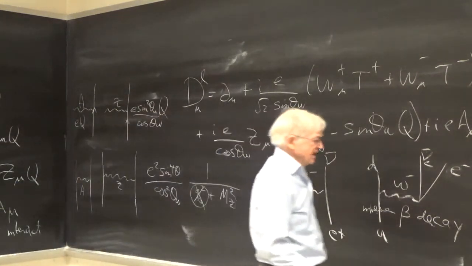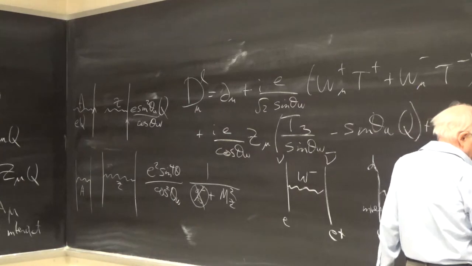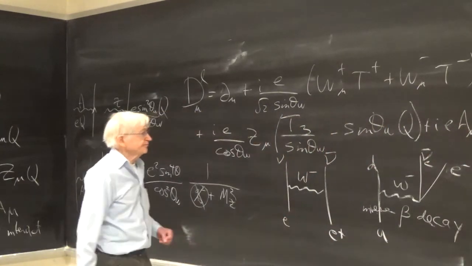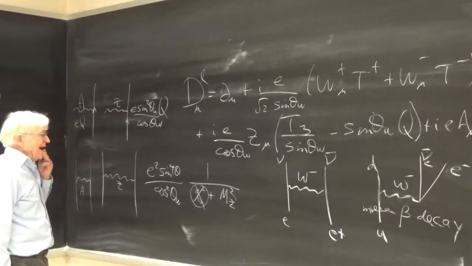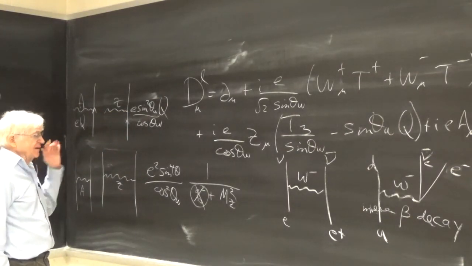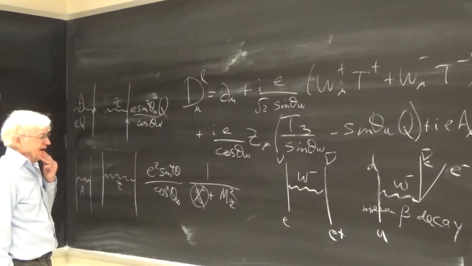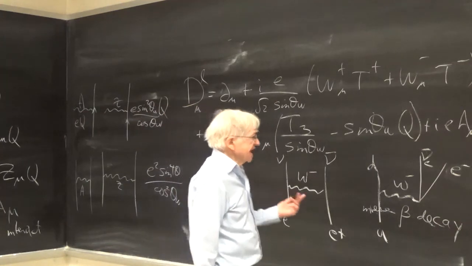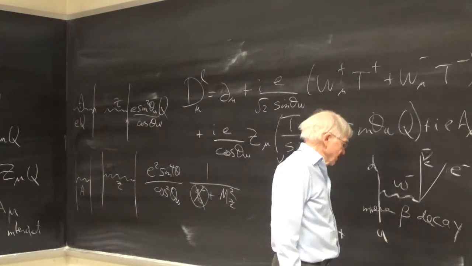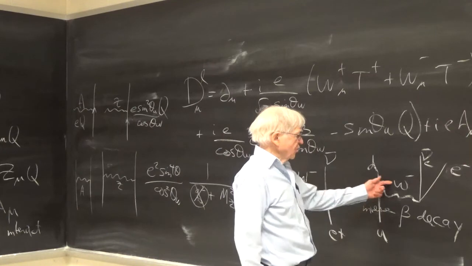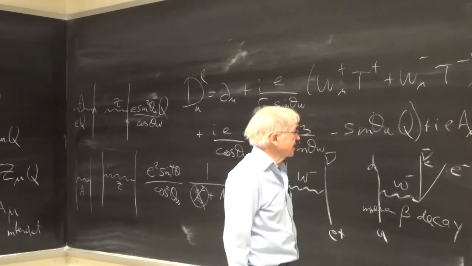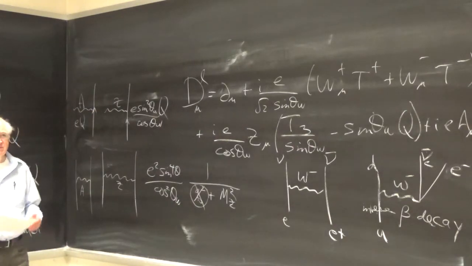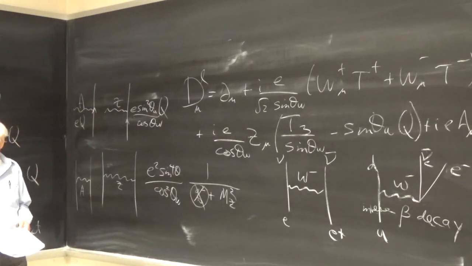So this is ordinary beta decay. And then, of course, there's just ordinary scattering, and the scattering goes with photon exchange, but it can also go with W minus or W plus or Z exchange, and so you can have all these different terms. Any questions?